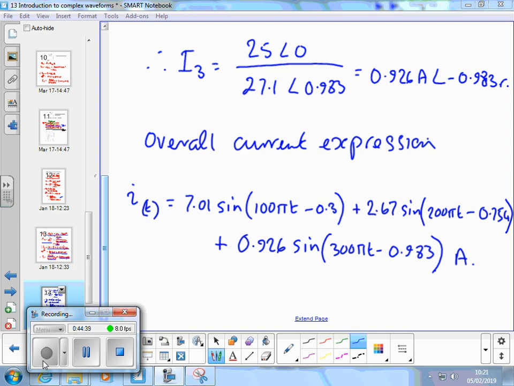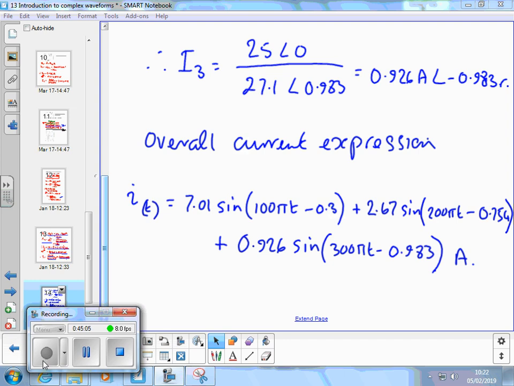So that's how you would calculate an overall expression for a current, by calculating the expressions for each individual current due to each individual voltage that makes up the complex waveform.